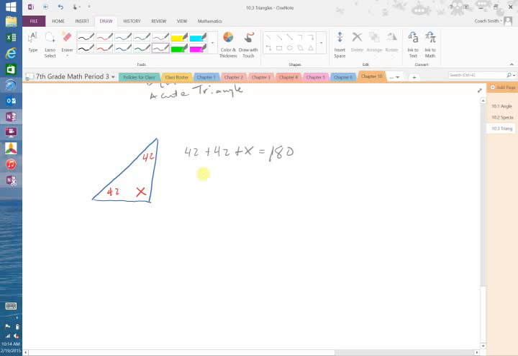So 42 and 42 is 84 plus x equals 180. So we subtract 84 from both sides. Cancels on the left side, leaving us with x. We subtract over here, and you get 96. So x would have to be equal to 96.